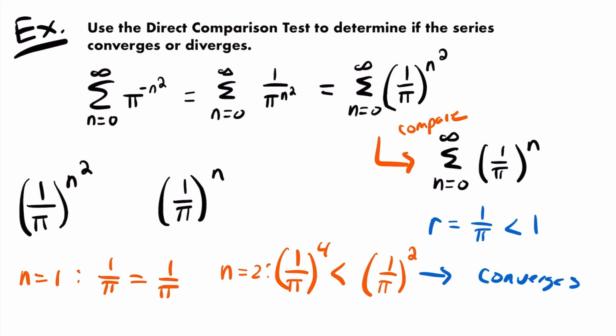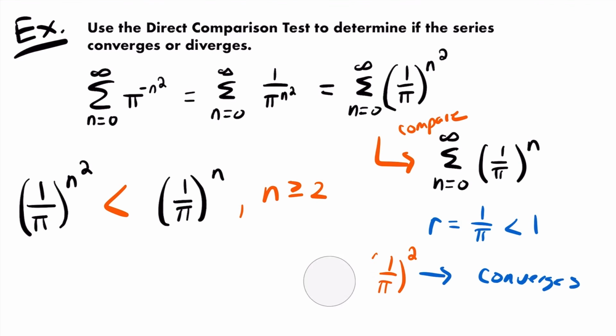So we can say that it's smaller when n is greater than or equal to 2. All right, and so what we have just shown is that the series we are comparing to the original series is a bigger series. In the long term, for values of n greater than or equal to 2, this series will be larger.